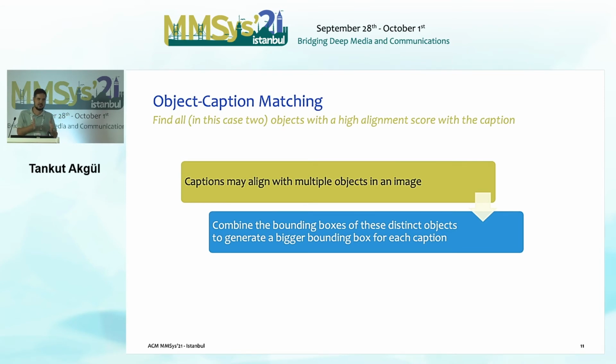But if the top n objects' alignment scores are close to each other, and they all together align well with the caption, then we combine the bounding boxes of those objects together to come up with a bigger region. And then we compare the IOU threshold, the overlap, of that bigger region instead of the individual objects themselves.